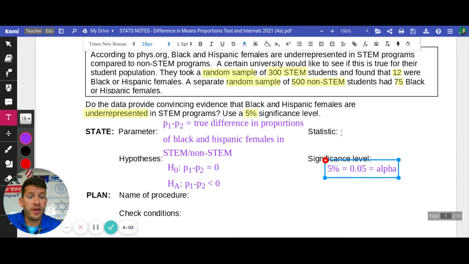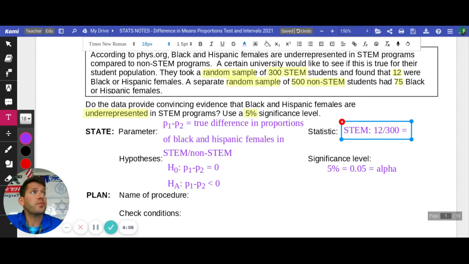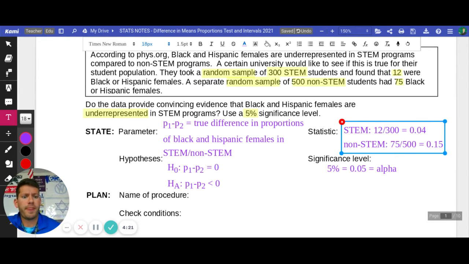And then our statistics. We have two of them here. Our STEM is 12 out of 300, which is 0.04. And our non-STEM is 75 out of 500, which gives us 0.15.